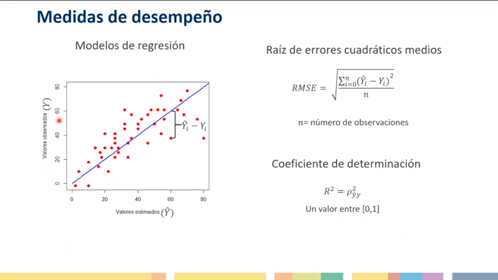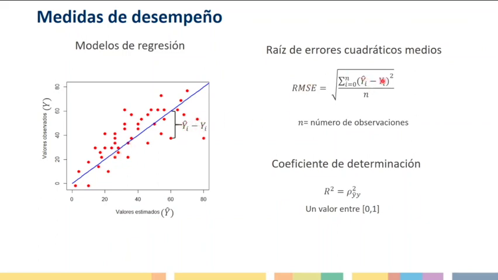This would be the ideal. The idea would be for all values that were observed to be equal to the ones that were estimated. That would mean that the model would be working perfectly. But of course, since this is a model based on machine learning, there are always going to be errors. The idea is to bring that to the minimum. So what this does is allow us to have a quantification of how far away these points are compared to the ideal scenario.